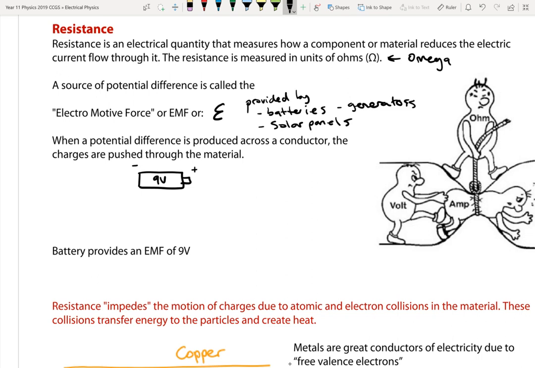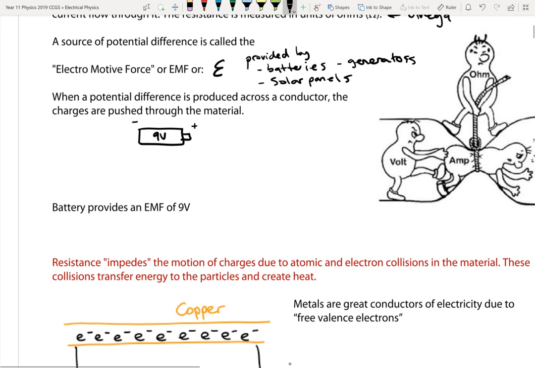So there's so many ways that you could explain what this number means and what it represents. So, the battery provides an EMF of 9 volts. Let's just put it into a circuit. So I'm going to get a couple of wires, and then down here, I'm going to put a little light bulb. So this is a very simple circuit.